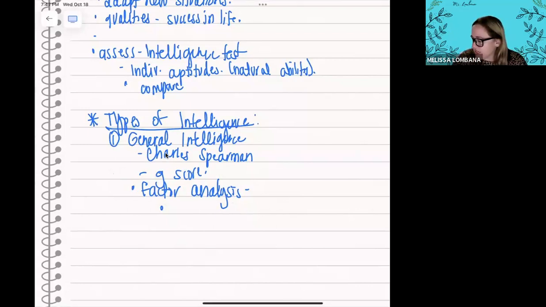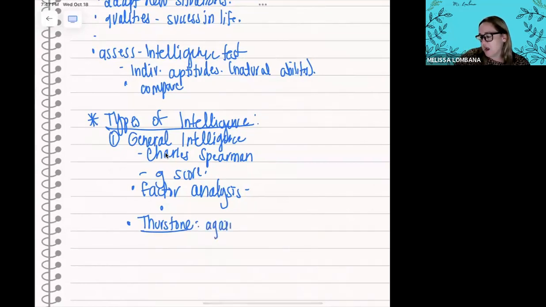But under here, I want you to also write this guy. His name was Thurstone, and I do not have his first name right now, but I could get it to you when we get to the class. But that's okay. You just need to know Thurstone, and he is going to go against Spearman.